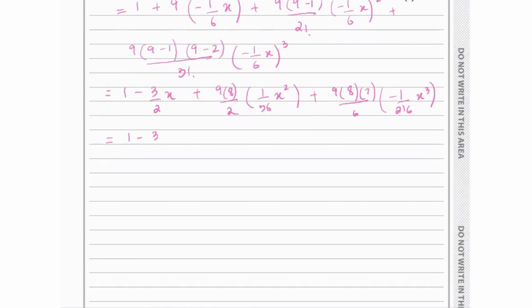One minus 3 over 2 x plus x squared minus 7 over 18 x cubed. This is your expansion of the given bracket, and these are the first 4 terms.